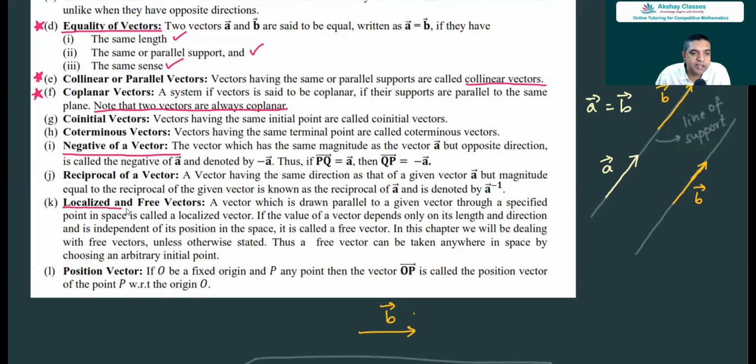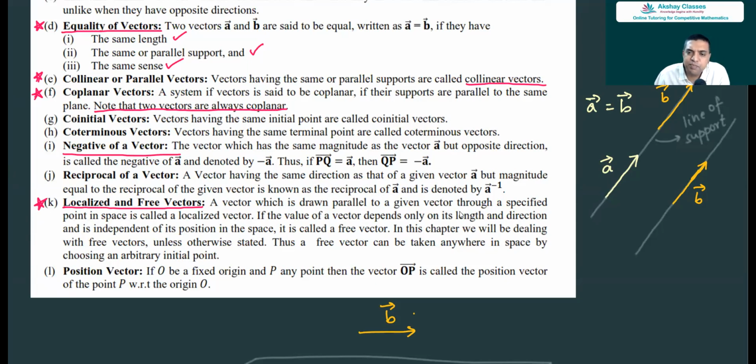Localized and free vectors. A vector which is drawn parallel to a given vector through a specified point in space is called a localized vector.